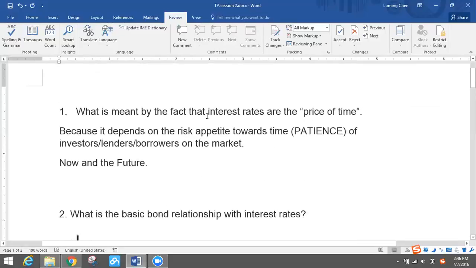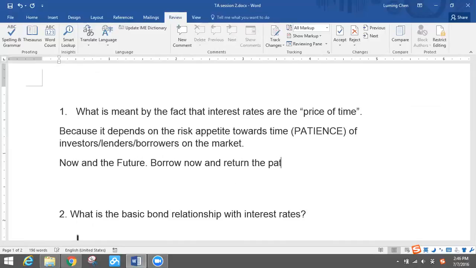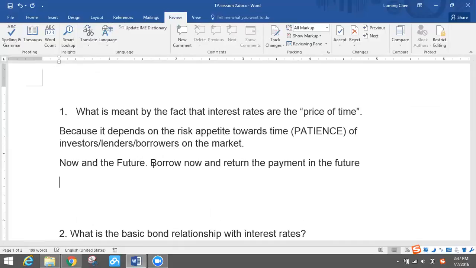And if you think the interest rate is going to rise in the future, you can borrow now and return the payment in the future, which will hedge you against interest rate rises.